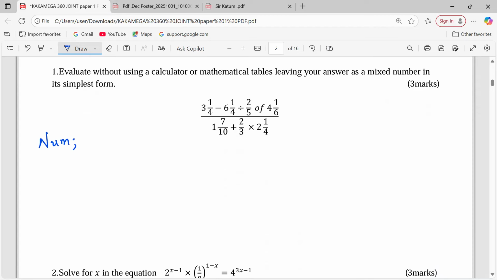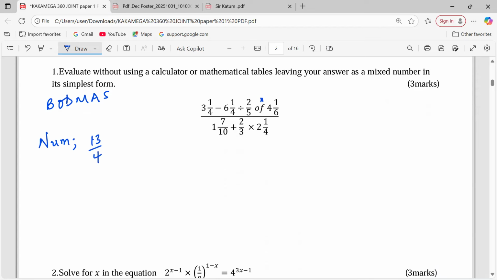When you look at this, you discover that according to BODMAS, we're supposed to work out brackets first, but we don't have brackets. Then we go to of, okay, we have of, yes, sure. So let's sort out the of first, whereby we have 3 1/4 being changed to an improper fraction.